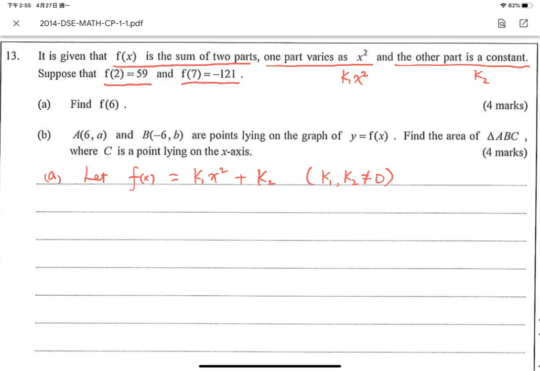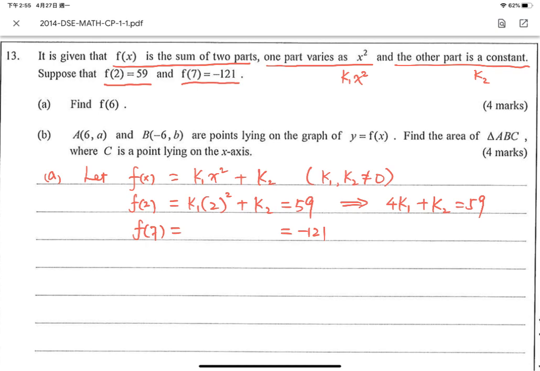Okay, and then use the two pieces of information. When x equal to 2, f(2) equal to k1 times 2 to the power 2 plus k2, which is 59. You can simplify it as k1 times 2 to the power 2, which is 4k1, plus k2 equal to 59. The second piece of information is f(7) equal to negative 121.